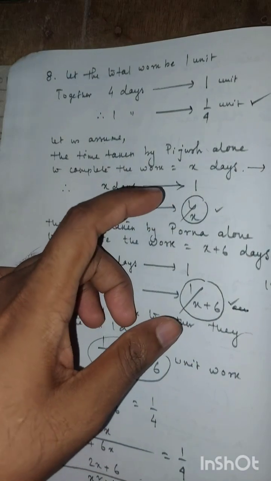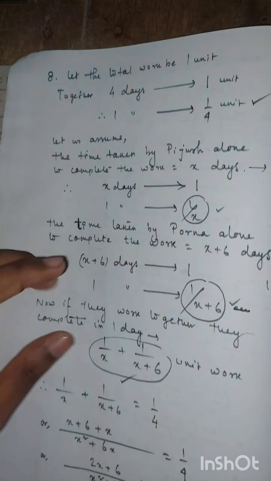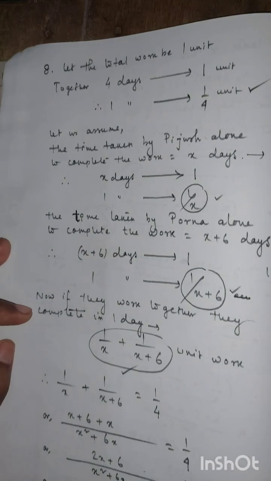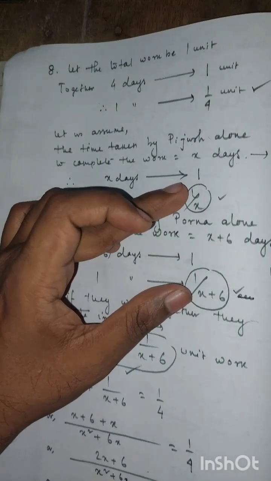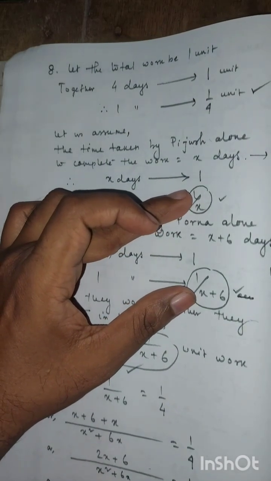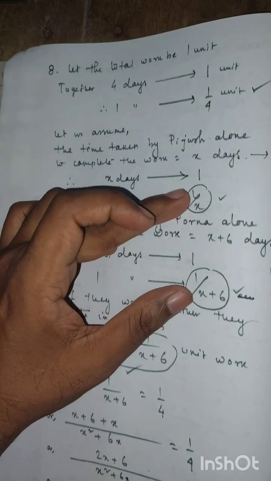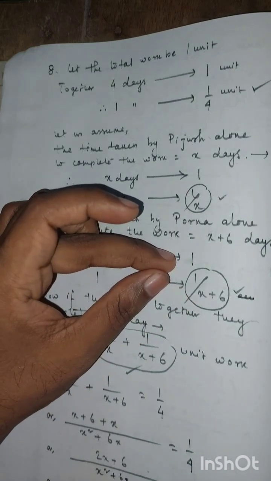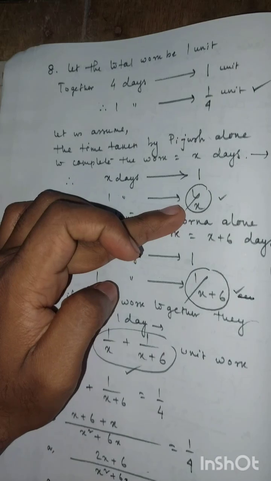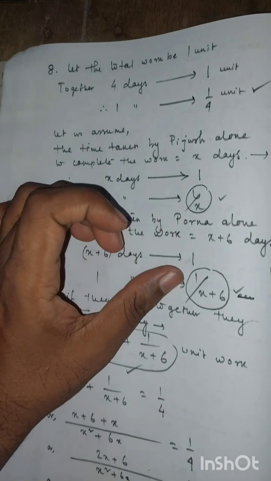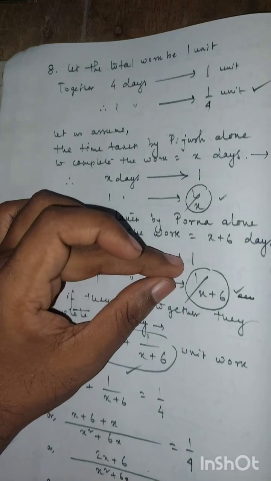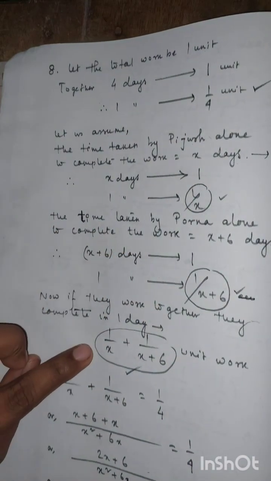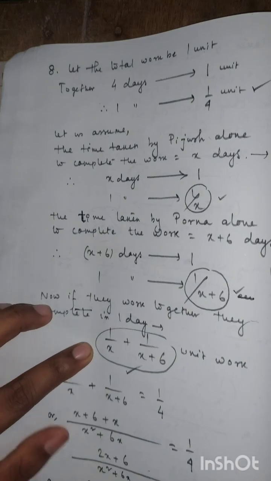When they work together, in 1 day they complete these two quantities added. This is the work of Piyush, and this is the work of Porna in 1 day. So when they work together, this much work is done in 1 day.